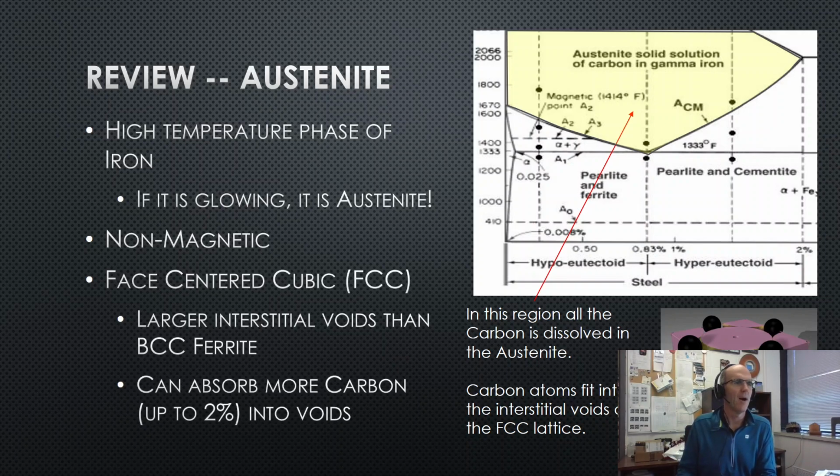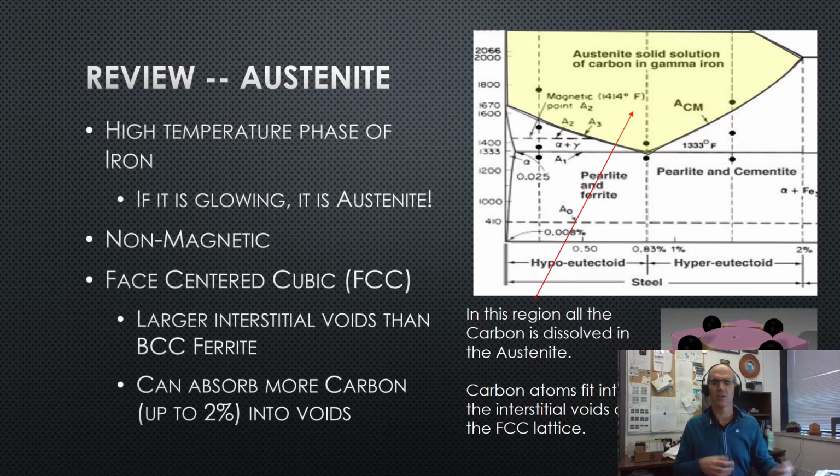Okay, so austenite right up here is our high temperature phase of the iron. And if it's glowing, it's austenite is a pretty good rule to think about with your steel. It should also be non-magnetic because our magnetic transition point is right in here. By the time you get it glowing, you've transitioned from the body-centered cubic structure into the face-centered cubic structure.